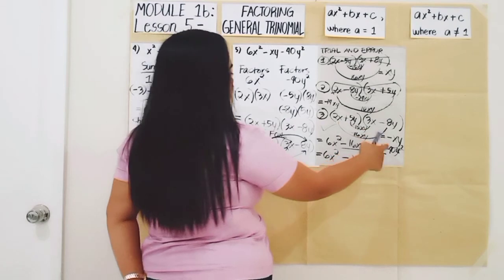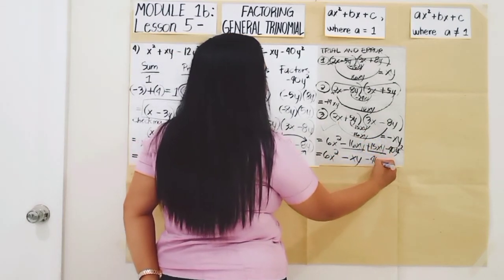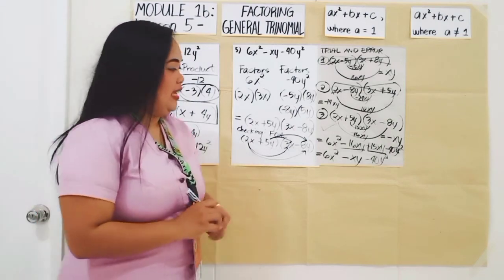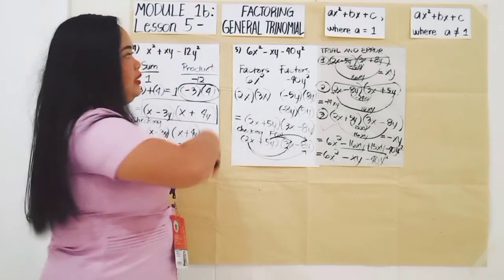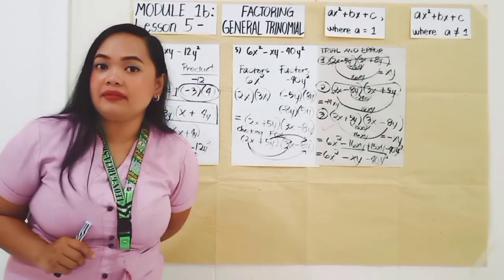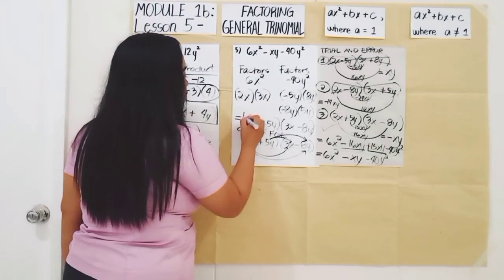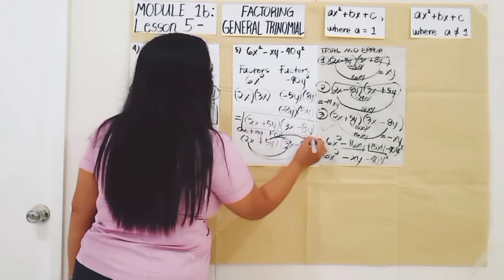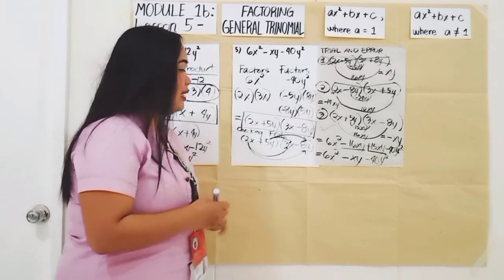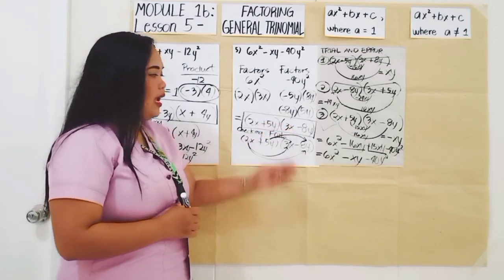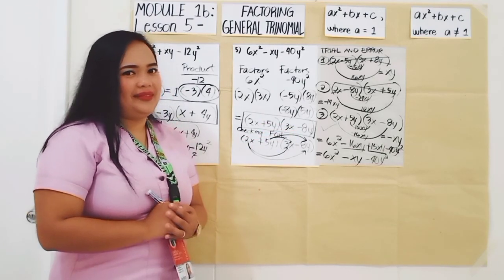And then, copy the last term, minus 40y squared. Is this the same trinomial in the given problem number 5? Then, your answer or your factors are correct. 2x plus 5y times the quantity 3x minus 8y.